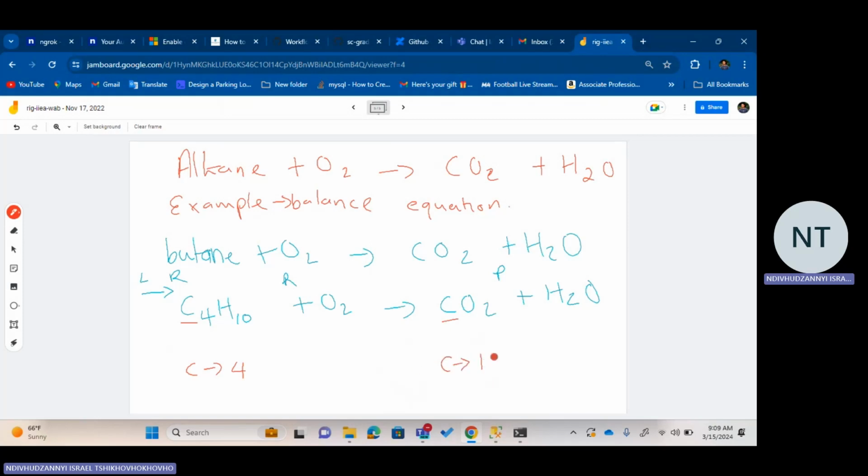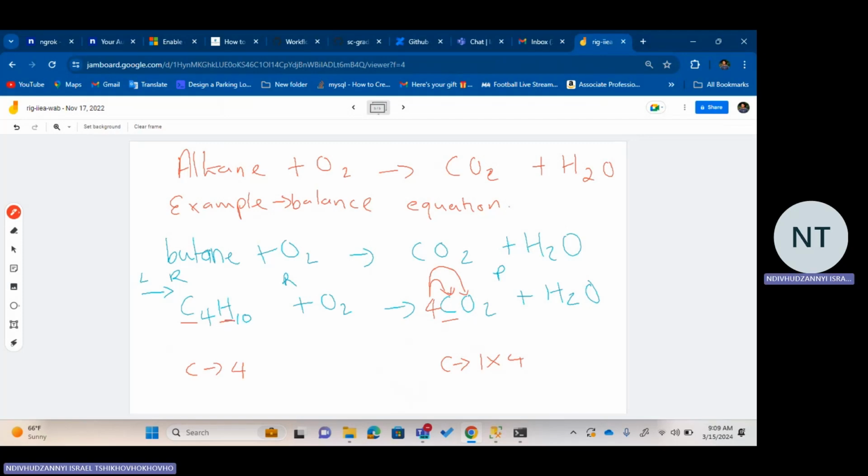So to balance that, you'd multiply by 4. So we have 4 of that. But remember, when you multiply this one, use it as a distributive rule. You also have to distribute to O. So it will be 4 times C, 4 times O2, which is 4 times 2, which is 8. We're done with carbon, it's balanced.